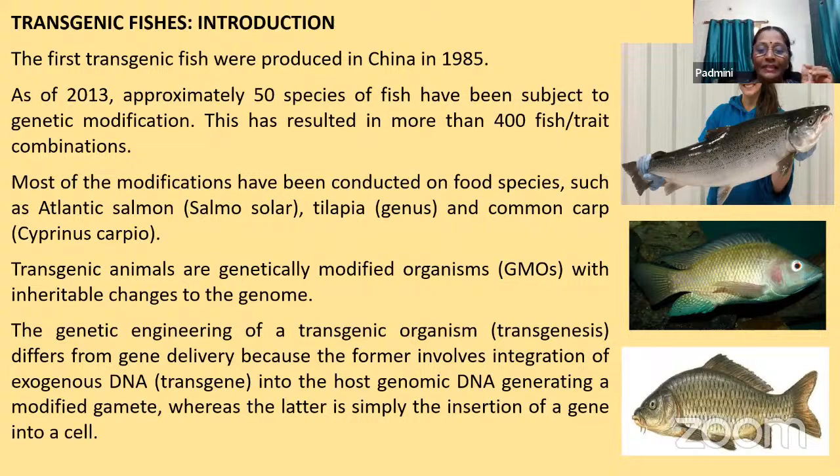Whereas in the latter, it is simply the insertion of a gene into a cell, wherein you only deliver that particular gene of interest. So that is how you differentiate between transgenic and just introducing a gene of interest in a cell.